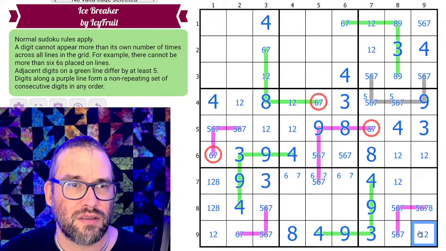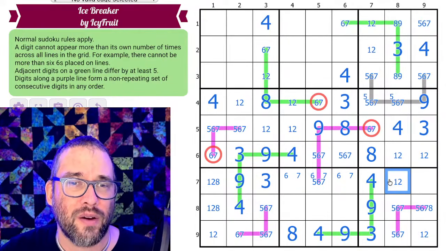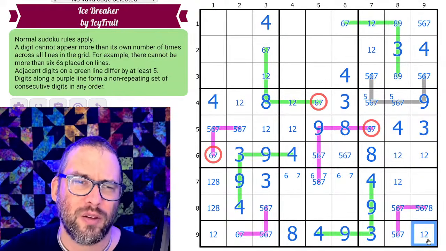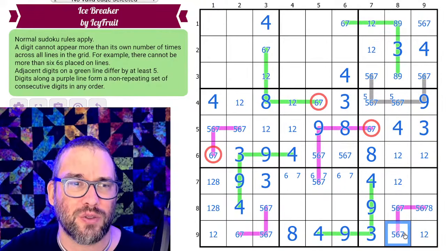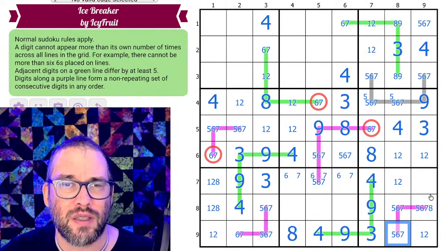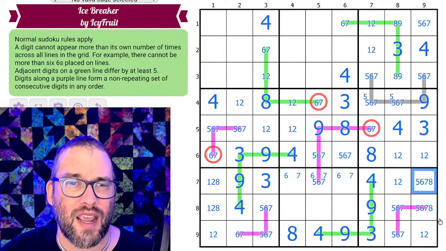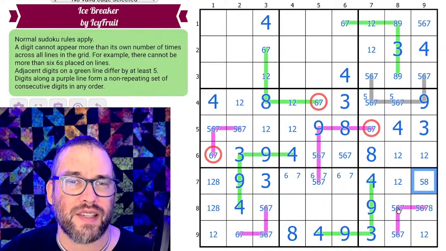I believe this is, well, we now have a 1, 2 pair. Wait, why couldn't this be 5? Oh, because of the 5, 6, 7 triple. But I think this cell can still be 5. This is our other 5, 6, 7, 8. But not 6, 7.